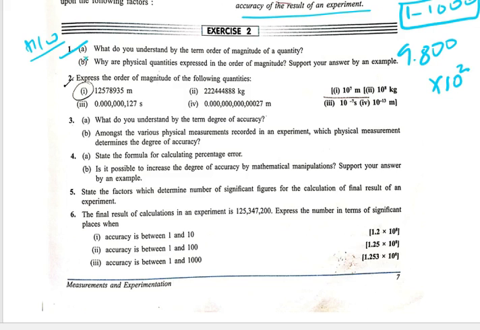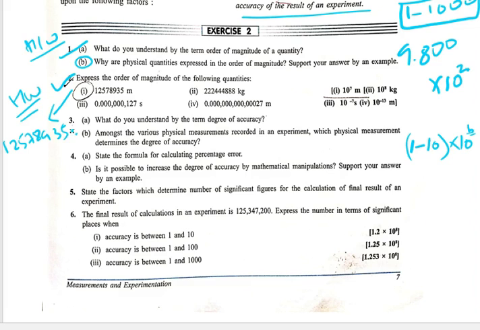So you solve this one: express the order of magnitude of the following quantities. Suppose if I do the first one, the number is 12578935. So how do we have to write it? A number between 1 and 10 into powers of 10. Okay, there is no point here, so how will we treat it? The point will be at the extreme right, so we have to bring that decimal where?